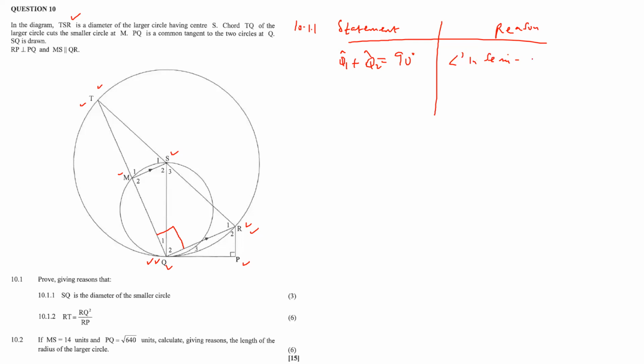It's an angle in a semicircle. So at the end, you have that angle M2 is equal to 90 degrees. Why? Because you have co-interior angles.